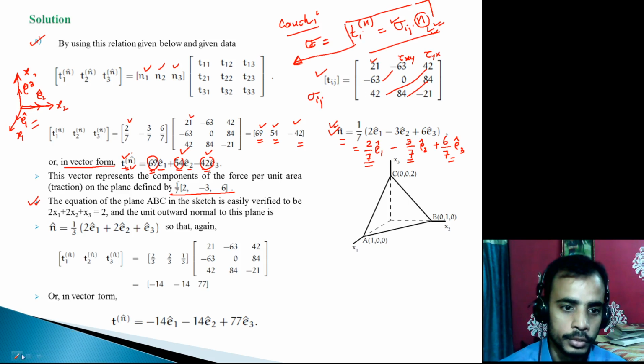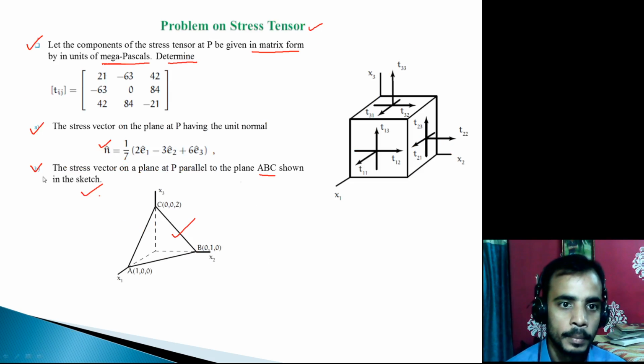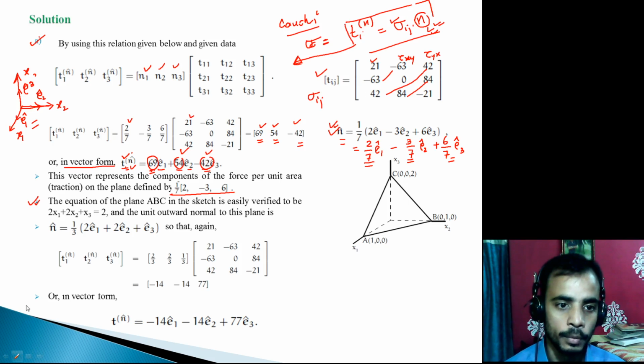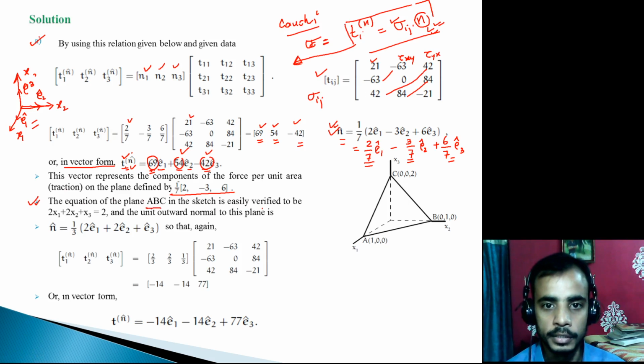Now the second question is asked, that is the stress vector on a plane at P parallel to the plane ABC as shown in the sketch. So this is the sketch for ABC and the coordinates given. So we can easily find out the equation of the plane. The equation of plane ABC in the sketch is easily verified to be 2x_1 + 2x_2 + x_3 = 2.